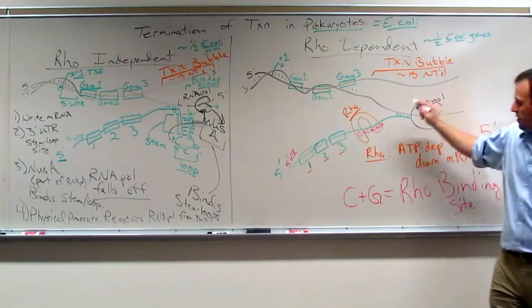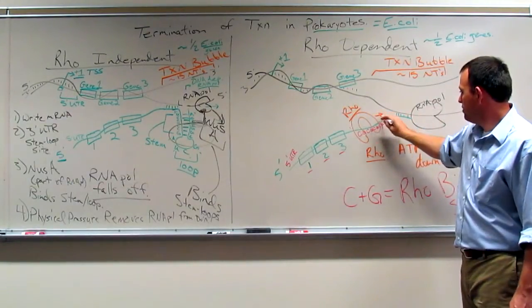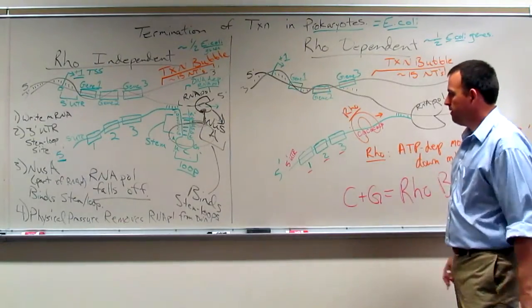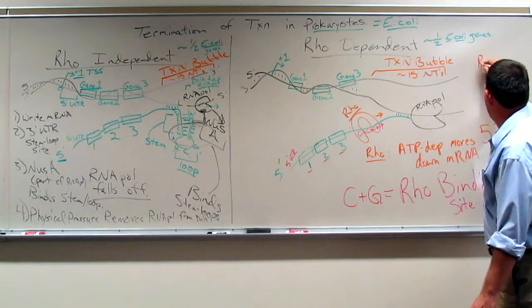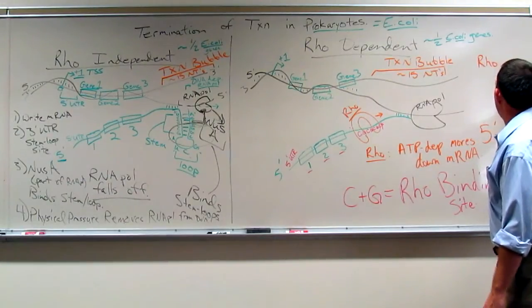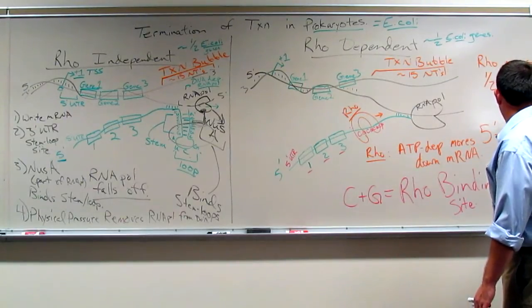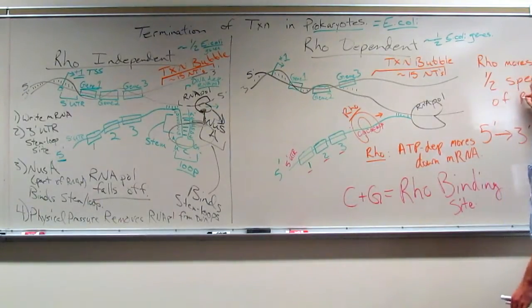So Rho is translocating from left to right. Okay? Here's where it gets trippy though. Rho can only move half the speed of RNA pol.